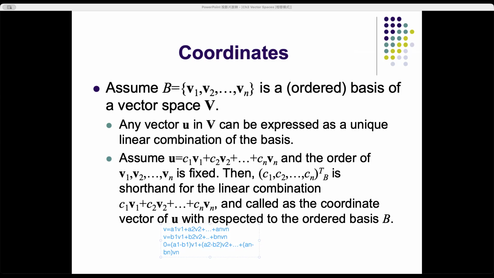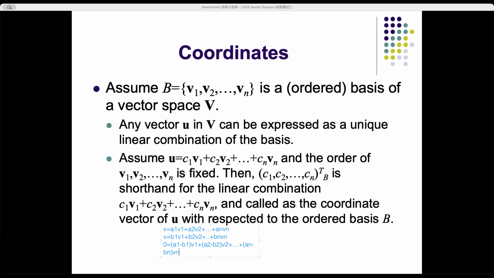Because we have found a solution for alpha 1 v1 plus alpha 2 v2 plus ... plus alpha n vn equal to 0, where alpha 1, alpha 2 to alpha n are not all 0. If that's the situation, we know that this is linearly dependent, right?